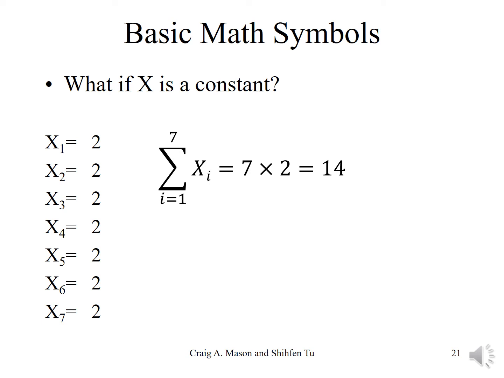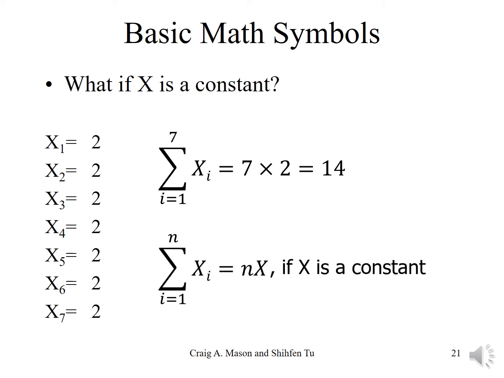In this case, the answer is just 7 times 2, or 14. You might see this written as the sum of X sub I when I ranges from 1 to N is equal to N times X if X is a constant.